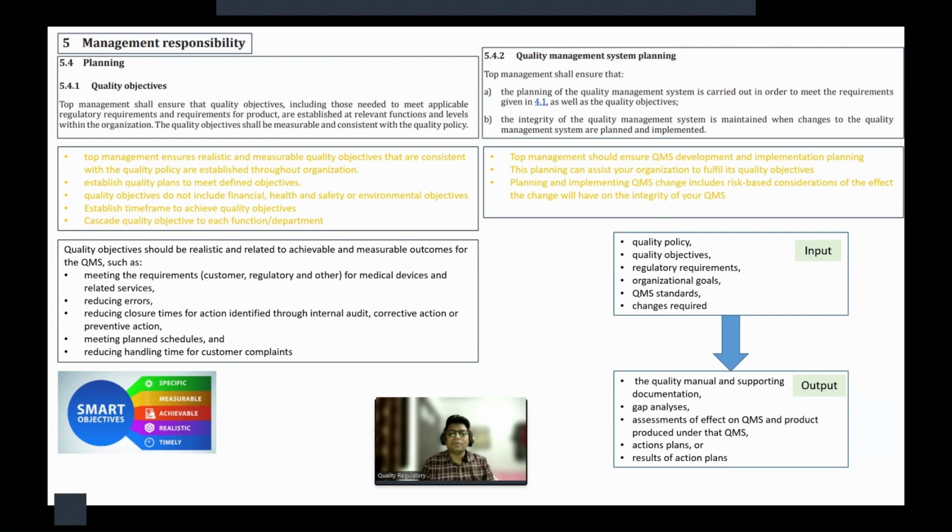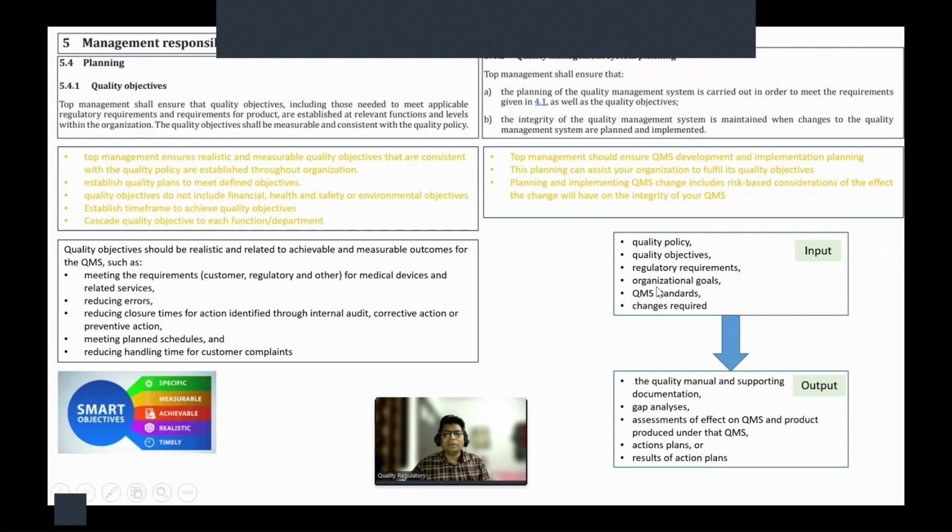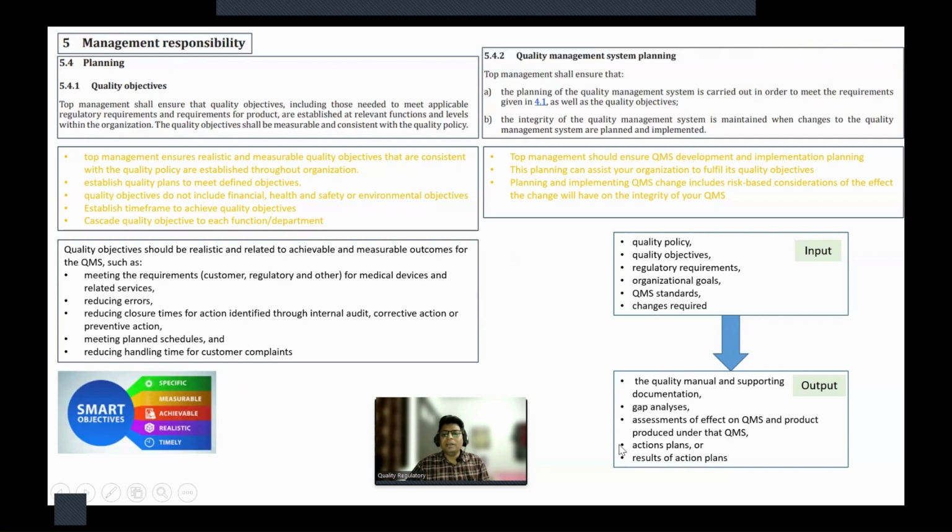It is not like in the first and second quarter we did nothing, but in the third and fourth quarter we are doing multiple things. The integrity of the quality management system is maintained when changes to the quality management system are planned and implemented. Here we can see how it is done: quality policy, quality objectives, regulatory requirements, organization scope, QMS standard, and change required, and the output will be the quality manual and supporting documents.